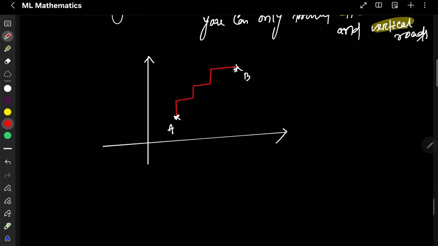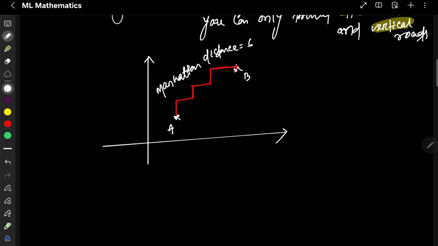If you look closely, how many steps have I taken? 6: 1, 2, 3, 4, 5, 6. If you are taking 6 steps to reach from point a to point b, which is from vector a to vector b, it is called Manhattan distance. Manhattan distance is equal to 6.